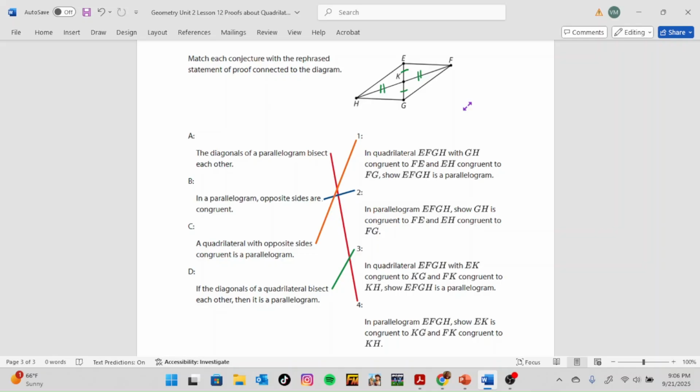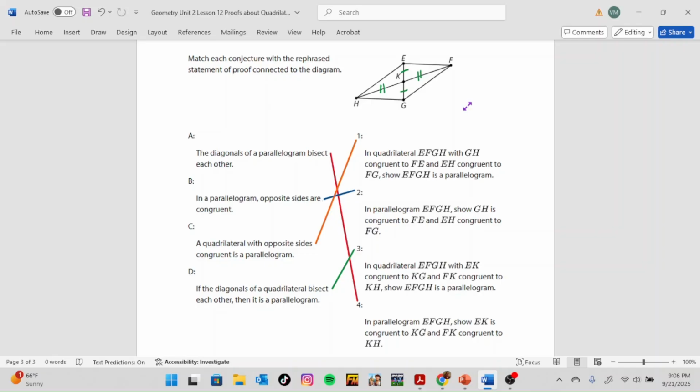I hope this helps you understand how to match conjectures with statements of proof. You just need to make sure that they are talking about the same things. Are they talking about the diagonals, or are they talking about the opposite parallel lines?